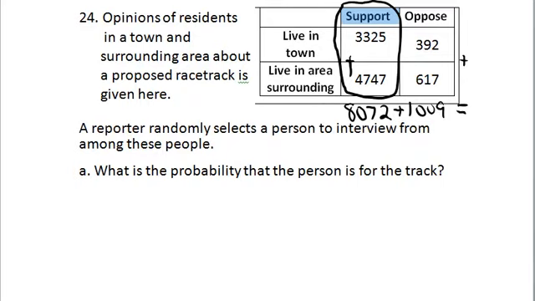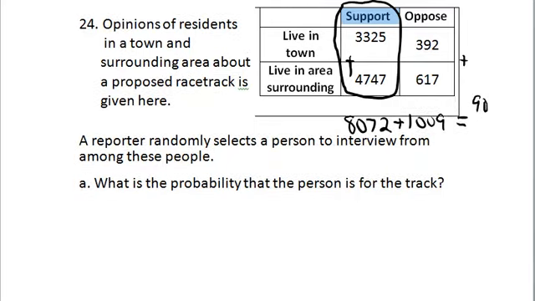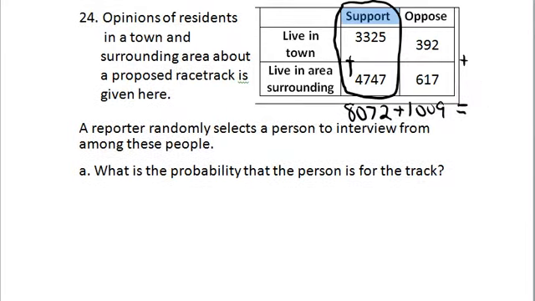And if you add 8,072 to 1,009, you get 9,081. I'm sure we're going to need those individual numbers, so this is your grand total here. That's how many people are in the entire table.